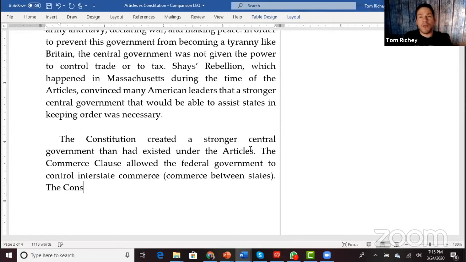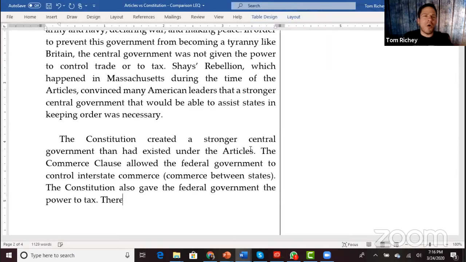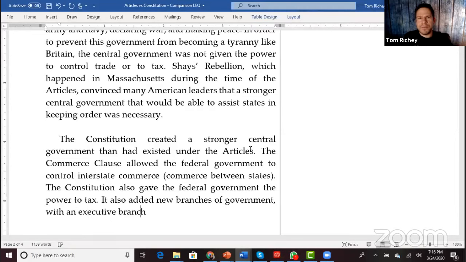Okay, so the Constitution also gave the federal government the power to tax directly. It also added new branches of government, with an executive branch led by a president and a federal judiciary.